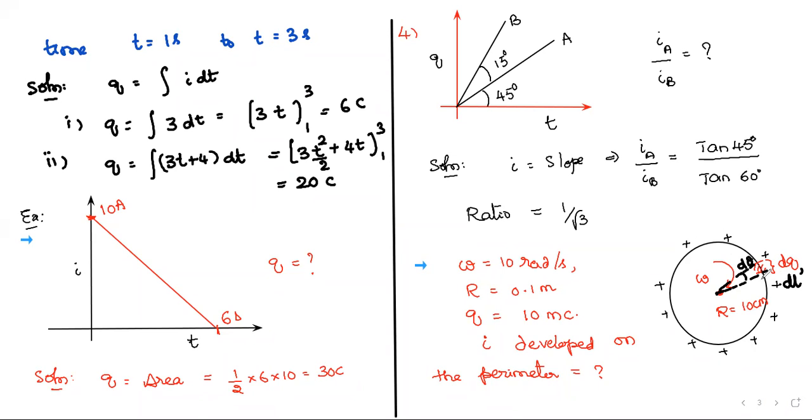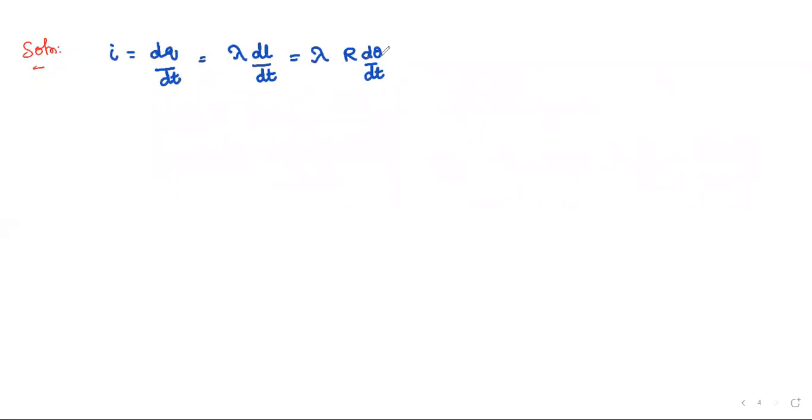So dq is lambda dl, so r d theta by dt. d theta by dt is nothing but omega. So we got a new formula: lambda r omega, when some charge rotates on the circumference of a circle.